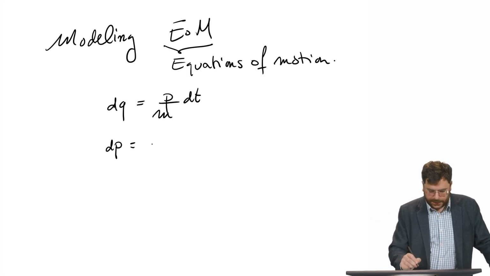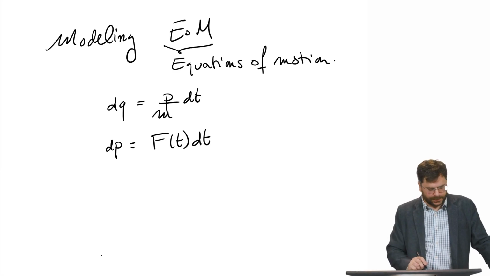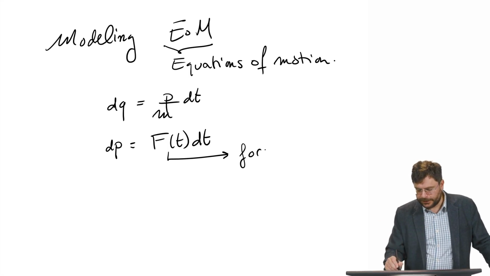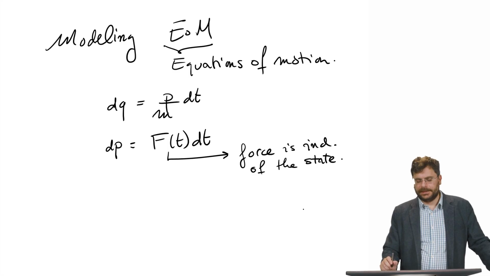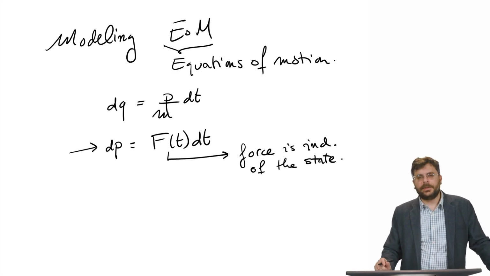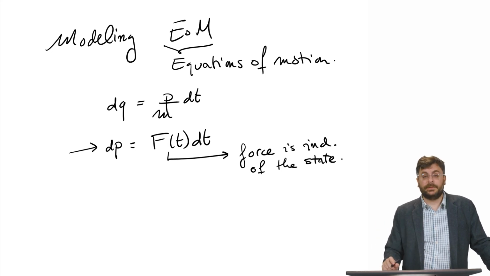And dp equals f of t times dt. And here we're assuming for simplicity that the force, for now, is independent of the state of the system. So this equation here is none other than F equals ma.